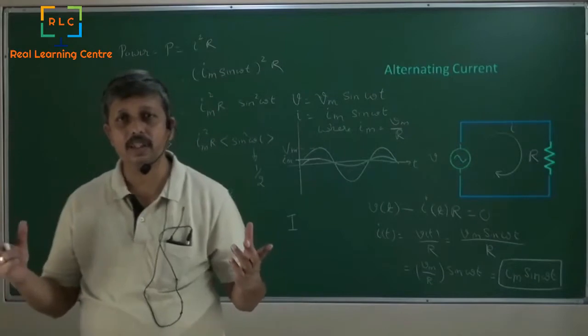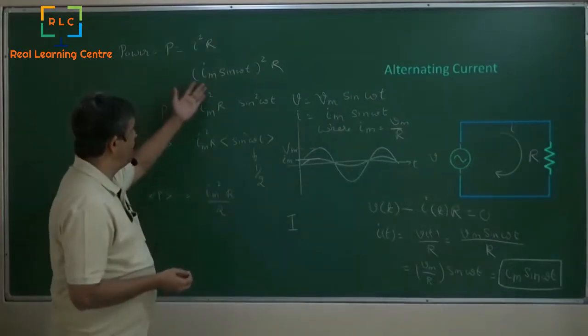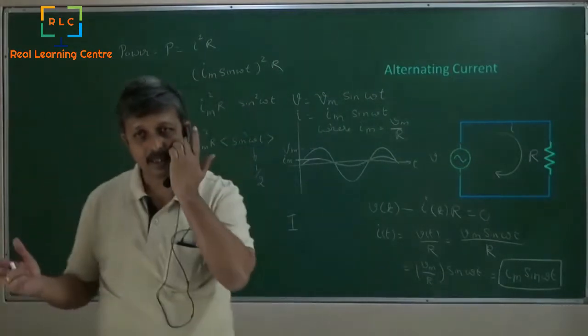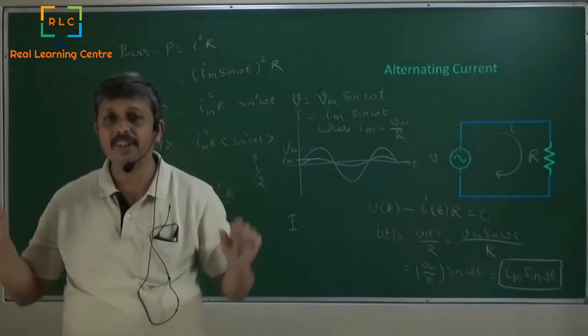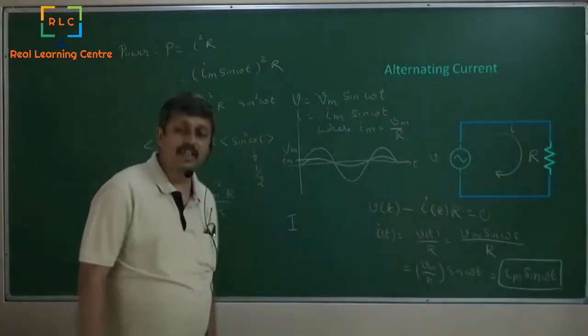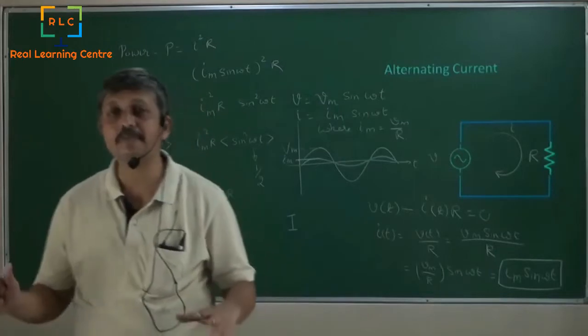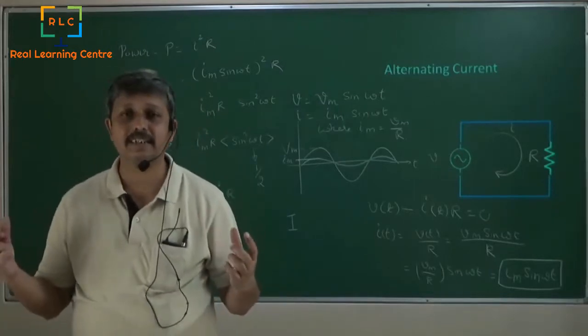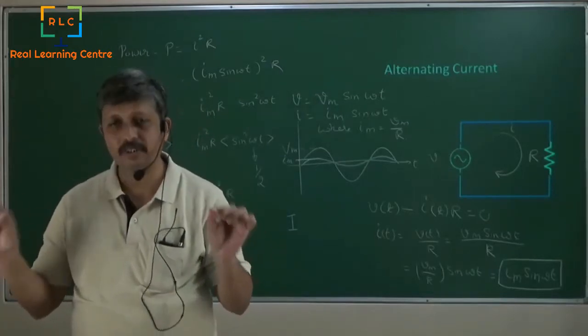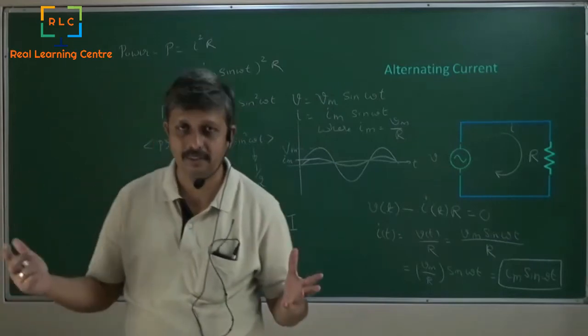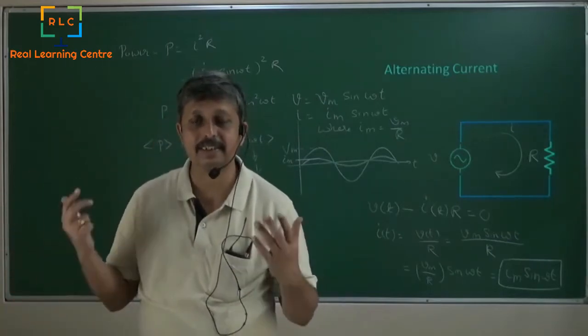In the other circuit, I will pass Im sin omega t. I will tune the value of this I such that the power dissipation in both the resistors is exactly the same. That means they both get heated up equally. In both, the resistance is the same.